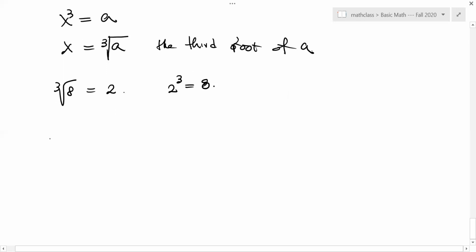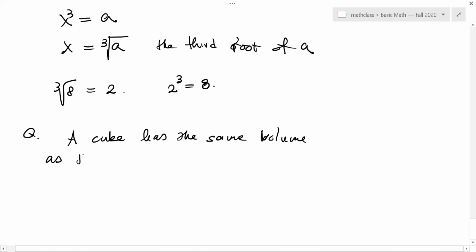All right, now we are going to look at a question. A cube has the same volume as a prism with dimensions 1 by 2 by 4.